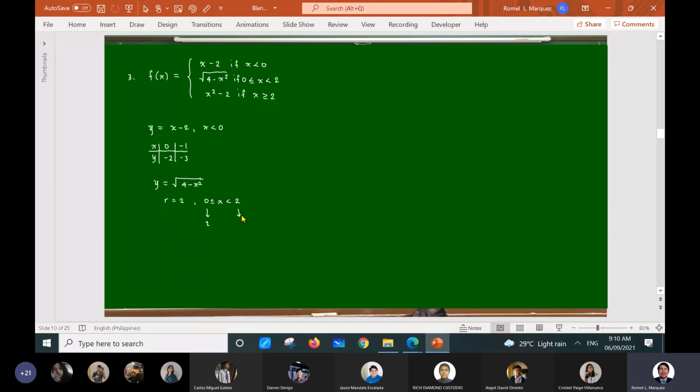When x is 2, what's the y value? 0. Got it, guys? And then the last one, it's a parabola opening upward. Y is equal to x squared minus 2. What's the vertex, guys? Vertex of this is 0, negative 2, right? This is the k. So 0, the h. Opens upward.